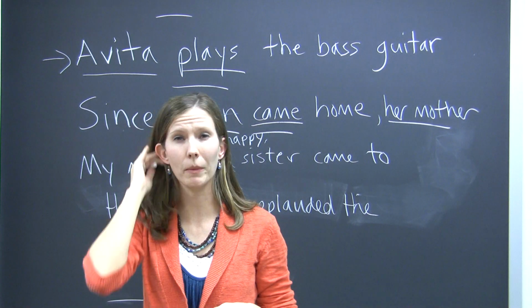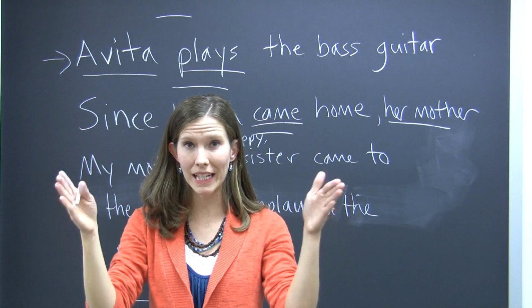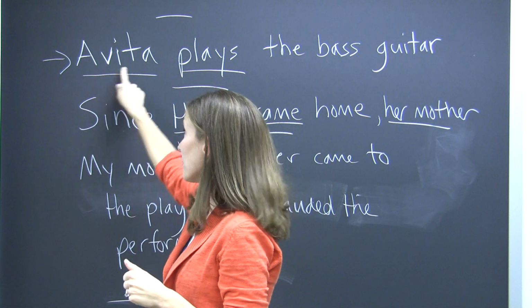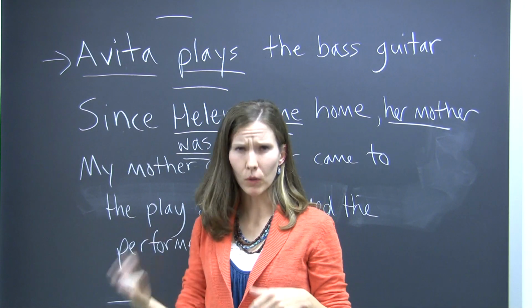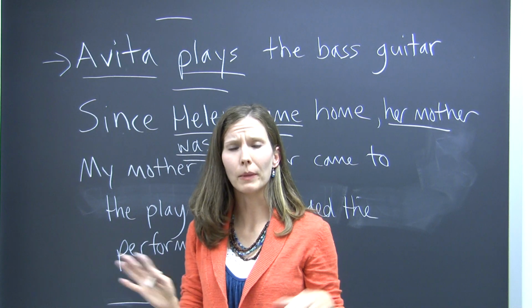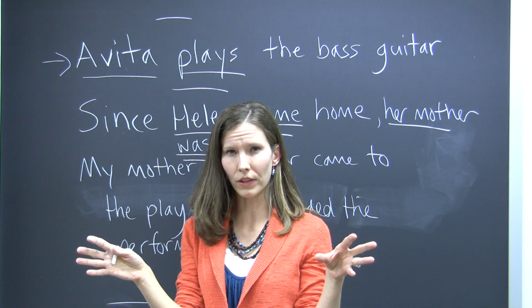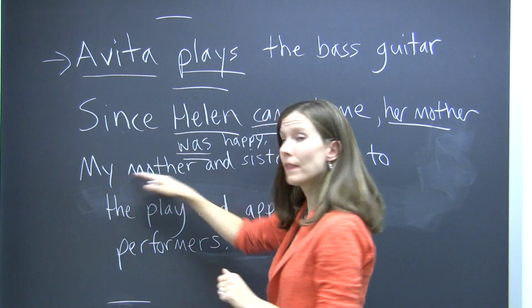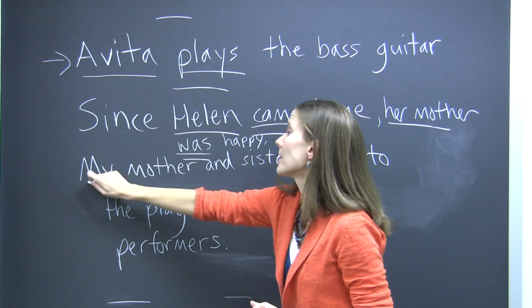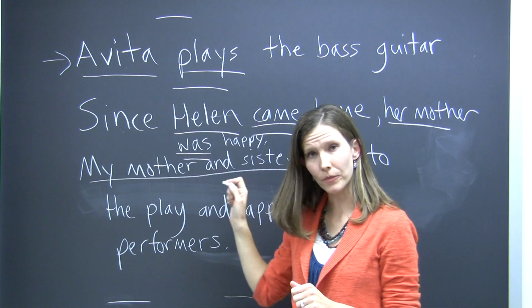This is a different kind of sentence because it's made up of more than one clause. So right now I want to talk about simple sentences. It's just one independent clause. Simple. This sentence down here, even though it has more than one subject and more than one verb, it can't be broken into more than one clause, so it's still a simple sentence. For example, the subject of this sentence is my mother and sister.